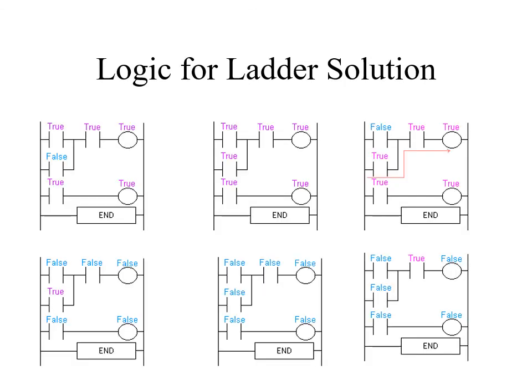So these are the steps in which the logic for each relay and coil will go through in the system. Basically, if both switches do not detect oil, both switches will remain in the on state or true state, and if they detect oil, they will switch to a false or off state.